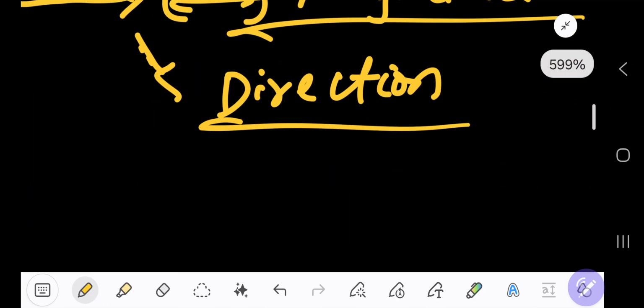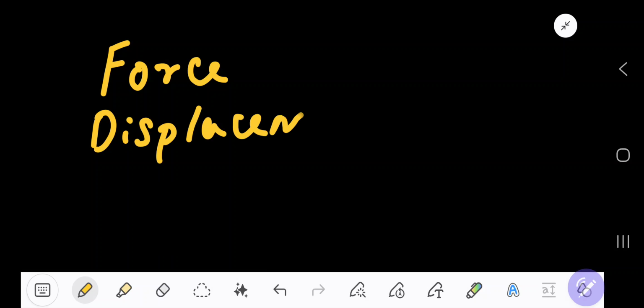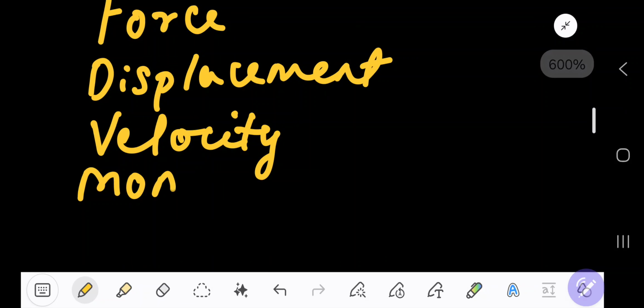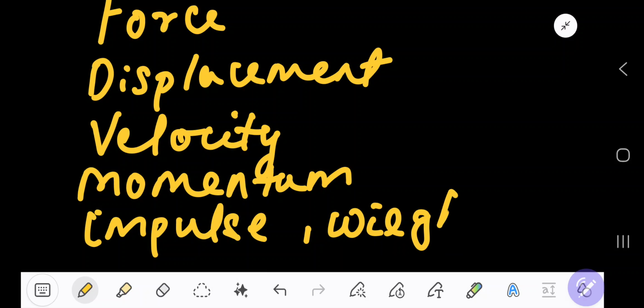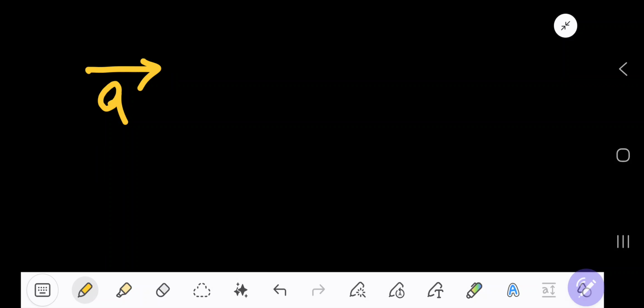Okay, now some examples of vector quantities are force, displacement, velocity, momentum, impulse, weight, so many, etc. Now, like I said, vector quantities are represented by their symbol and their direction and magnitude.